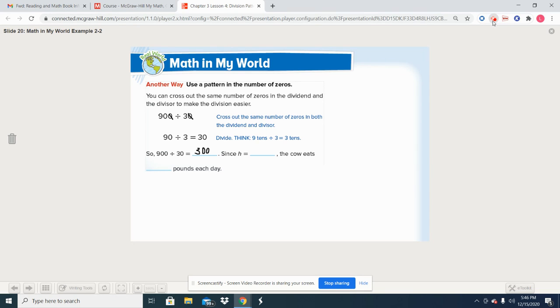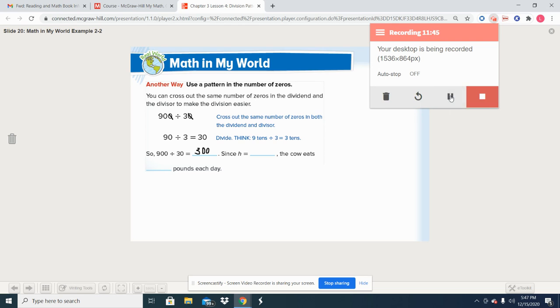So this next problem says you can cross out the same number of zeros in the dividend. That's the greatest number. That's always our starting point in a division problem, the dividend. You can cross out the same number of zeros in the dividend and the divisor to make the division easier.